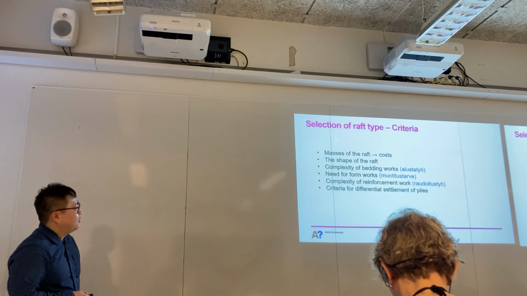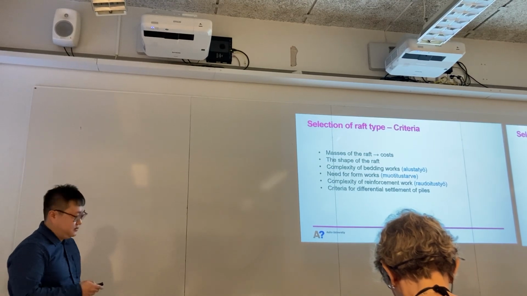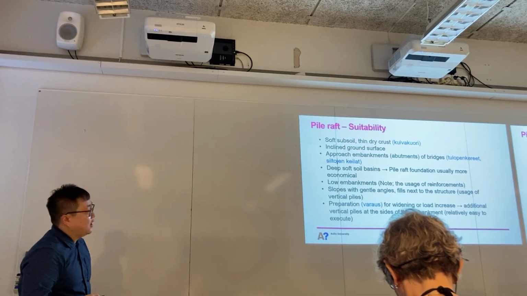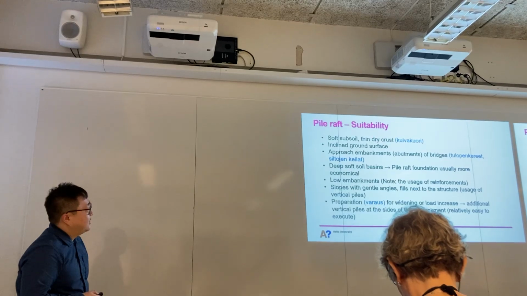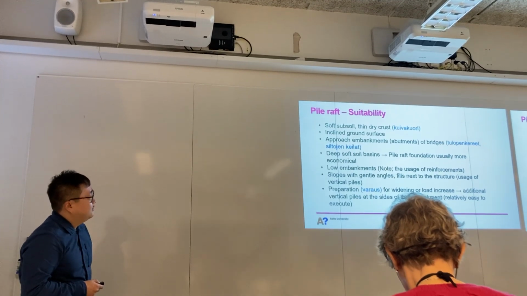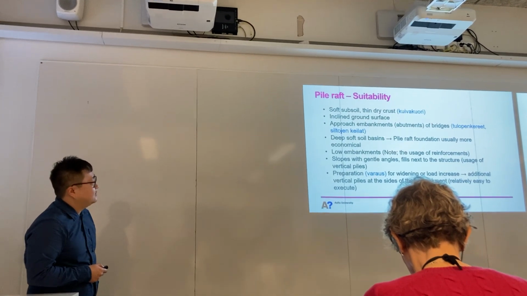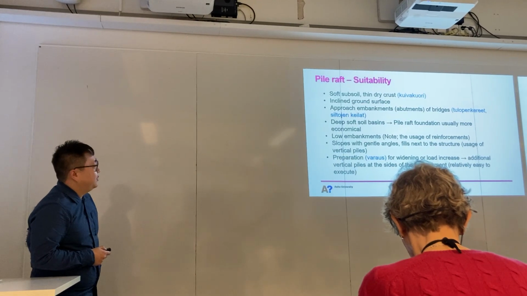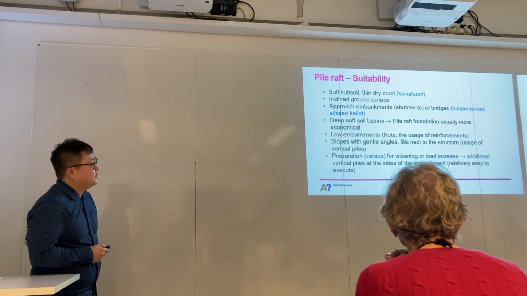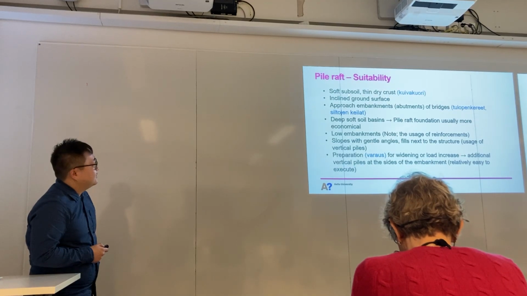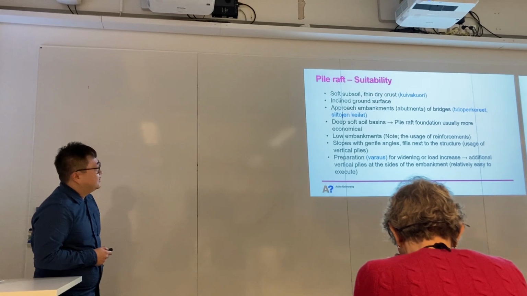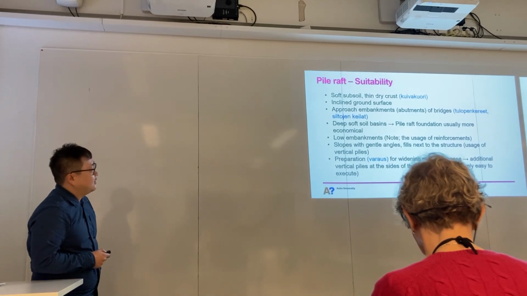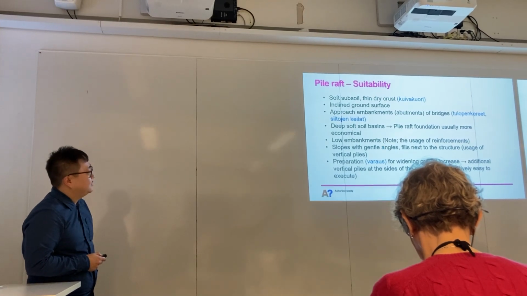Also, there's a criterion for the differential settlement of the piles. The pile raft is very often used in Finland, for infrastructure such as railways, roads and highways. It is suitable for many different conditions, such as soft subsoil with a thin dry crust. Normally, the thickness of this crust is less than 1 meter.